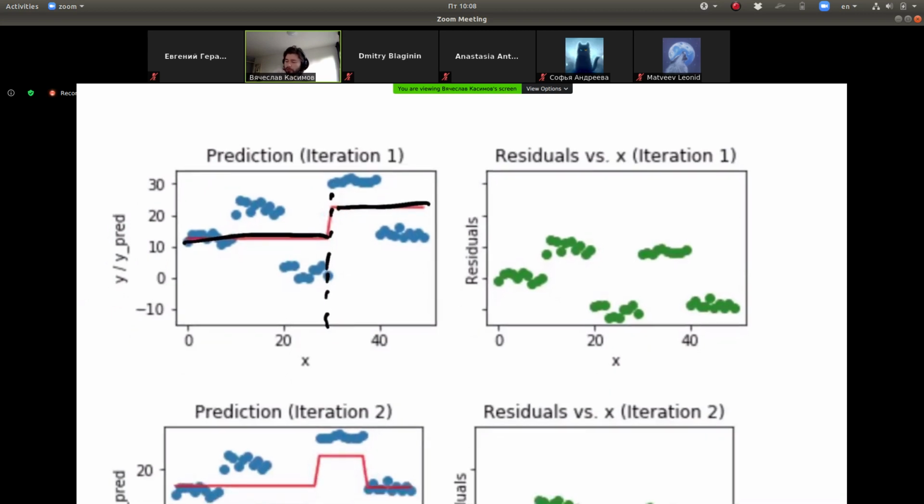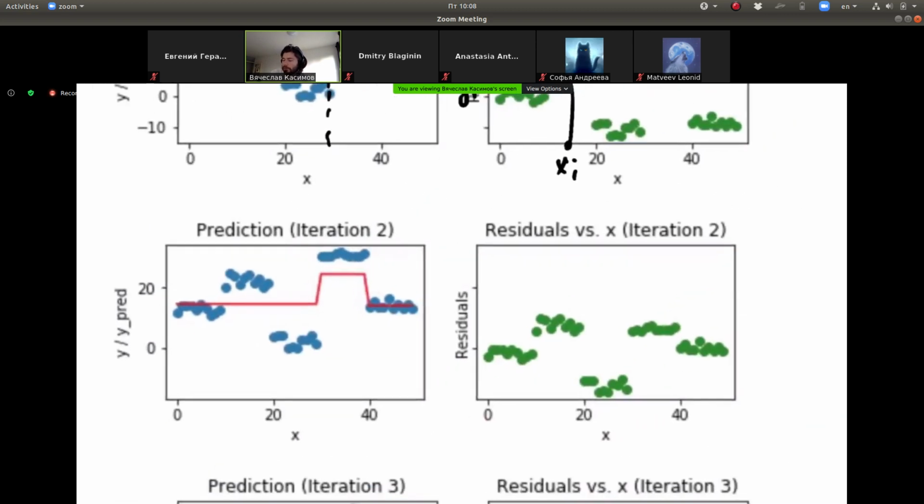Okay, then for each point we can find this difference and plot it here. This is our residuals, and you can see that these are really new data points, because for each x, which is the same as in our original training dataset, you have a new point with a different target value.